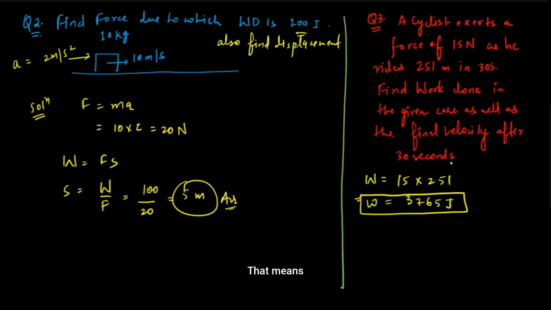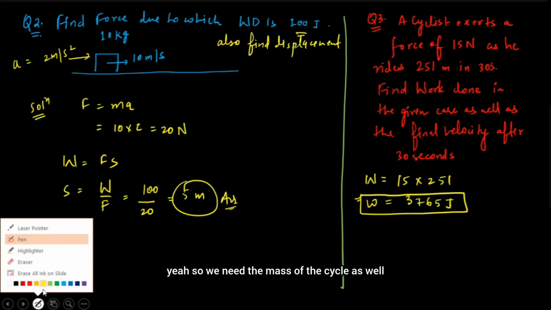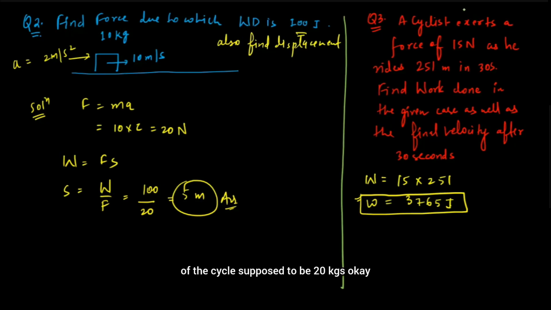That means acceleration is 15 meters per second squared. Wait, no, it's 15 divided by m. So we need the mass of the cycle as well. What we can assume here is the mass of the cycle is supposed to be 20 kgs.